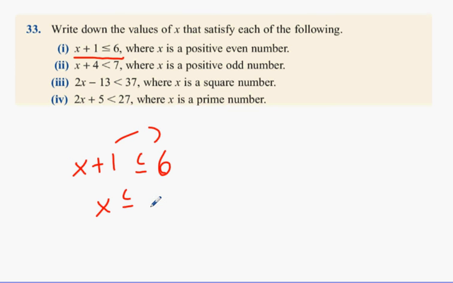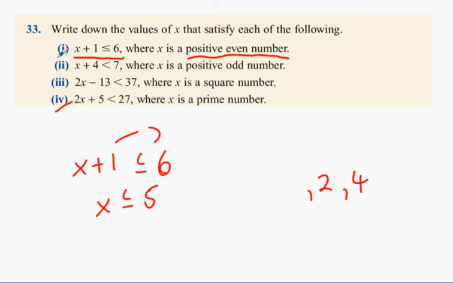X less than or equal to 5. Is 5 allowed? Why is 5 not allowed? Has to be positive and even, so no good. 4 allowed? 2 allowed? 0. 0 is not considered to be positive, so the answers are just 2 and 4.